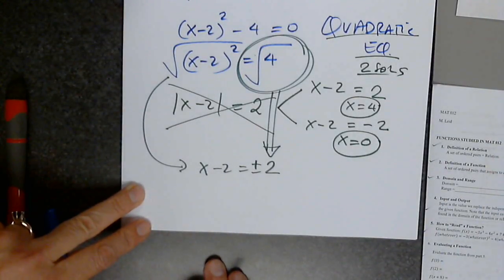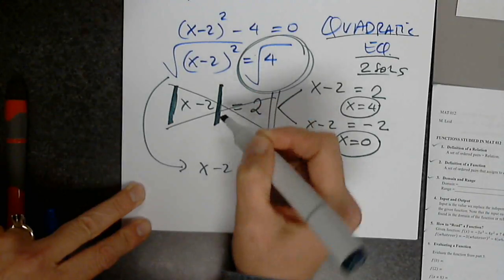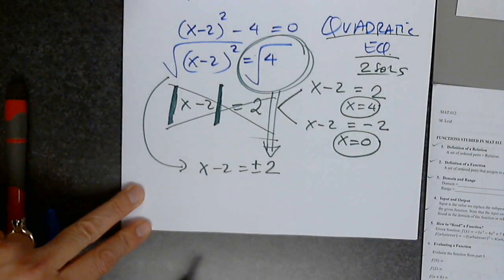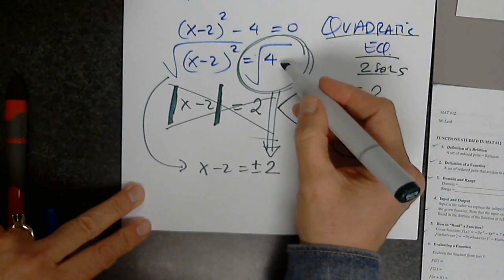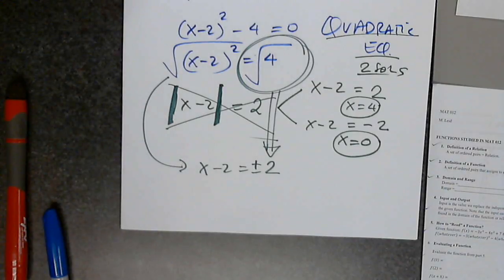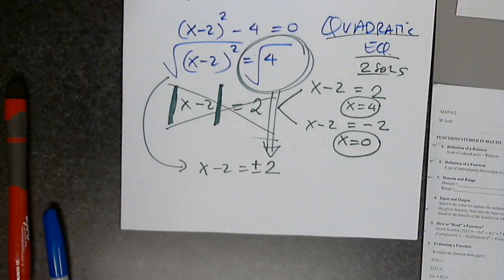That would be false. The plus or minus come from this side. From solving the absolute value equation, I get the plus or minus. Not because the square root of 4 is 2. So do not get confused on that. I saw it in many, many papers. Students write, oh, the square root of 4 is plus or minus 2. No.